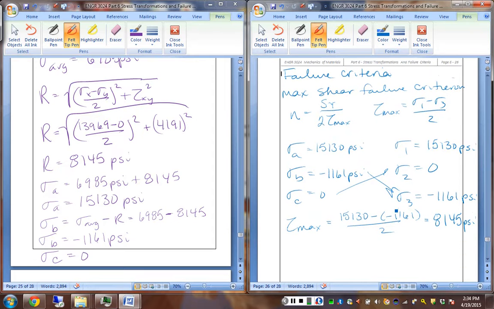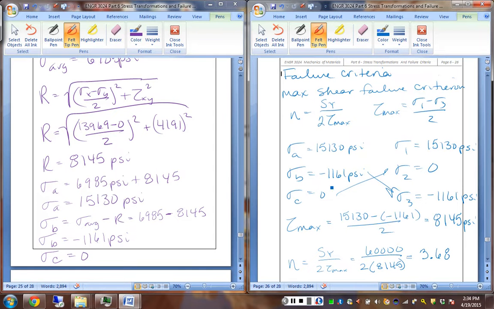Now we can put that into our max shear criteria for factor of safety. The strength of this material was given as 60,000. So 60,000 over 2 times 8145 ends up being 3.68.